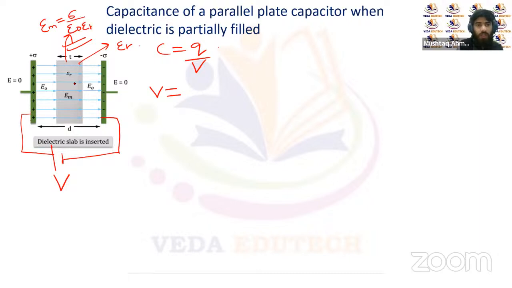So this will be the electric field strength within this dielectric. Then in the rest of the region, there is no dielectric.